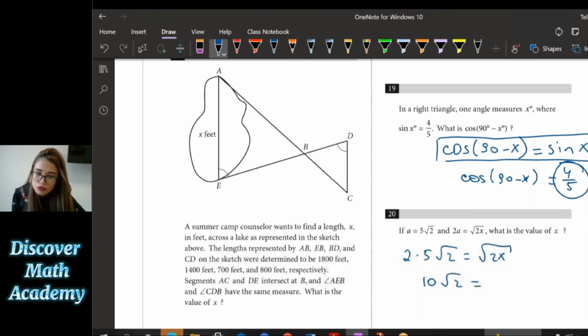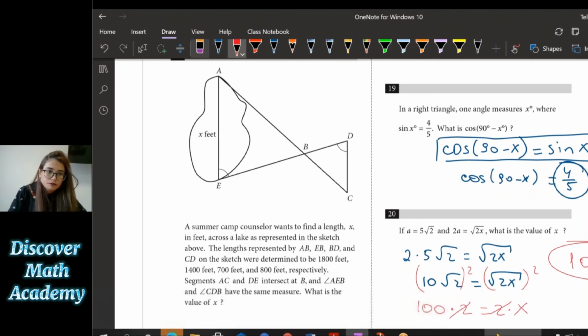Let's find the square of both sides, not multiply. Okay, it's gonna be 100 multiplied by 2 is equal to 2 multiplied by x. 2 and 2 will eliminate. The answer is gonna be 100.